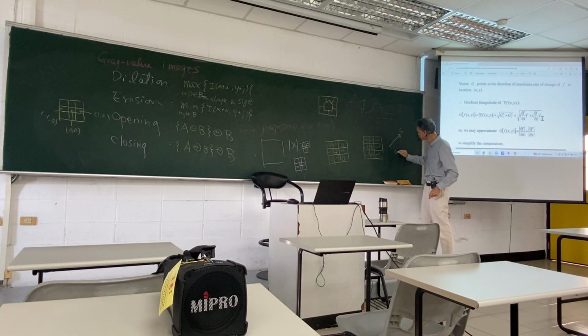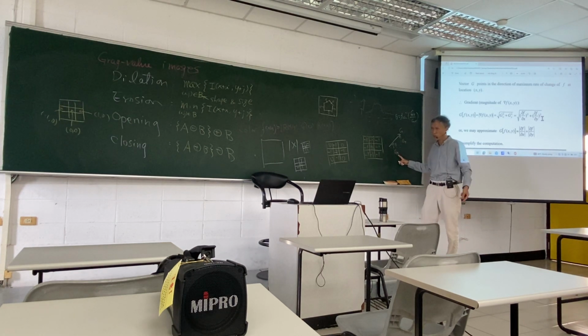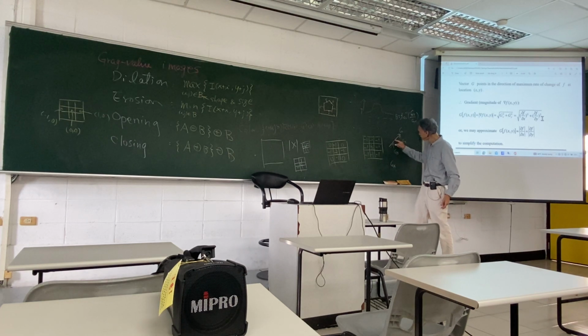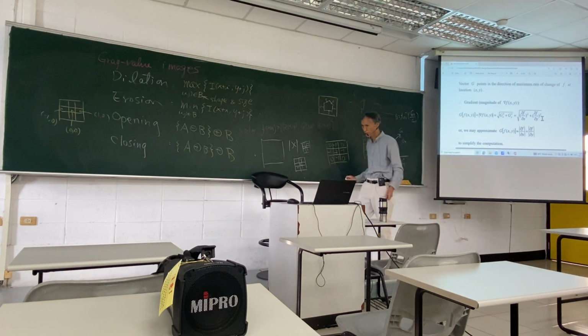Then we have gx and gy, and also you will have the angle, gy over gx. gx is the gradient with respect to x, and this is the derivative with respect to y. The length here is gx squared plus gy squared, then take the square root. This is the g. This is how we define it.